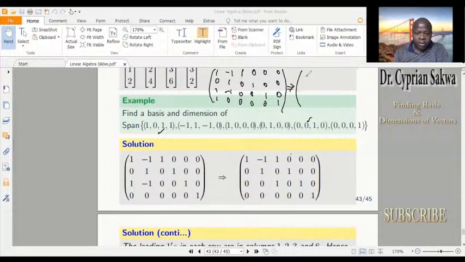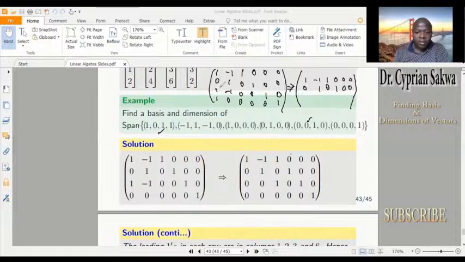The first row, remember, is 1, negative 1, 1 with 3 zeros. Then the second row is 0, 1, because you already have a 0 in this position, and then 1 with 2 zeros here.